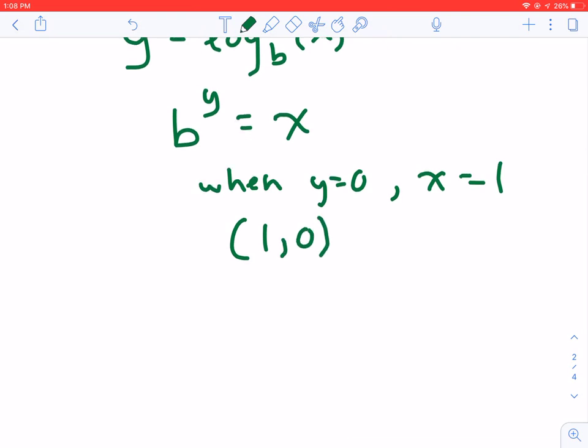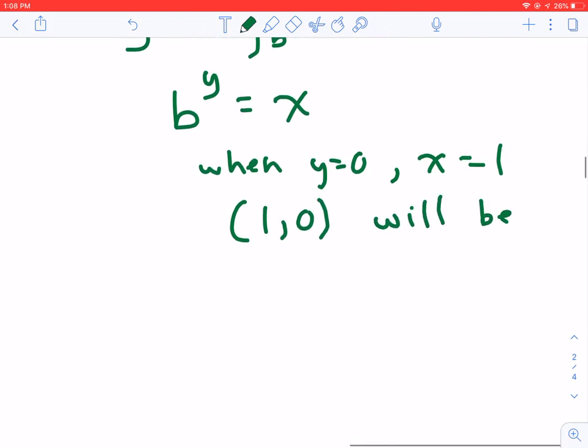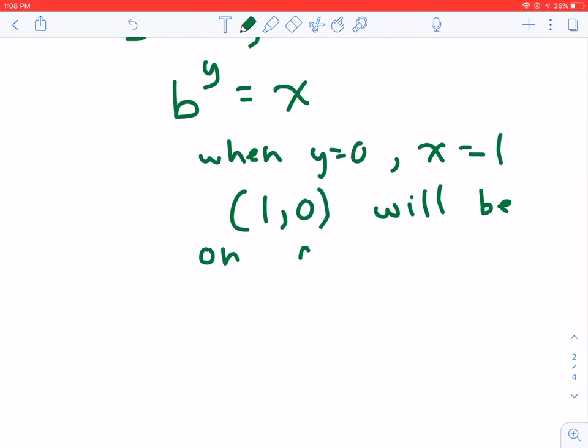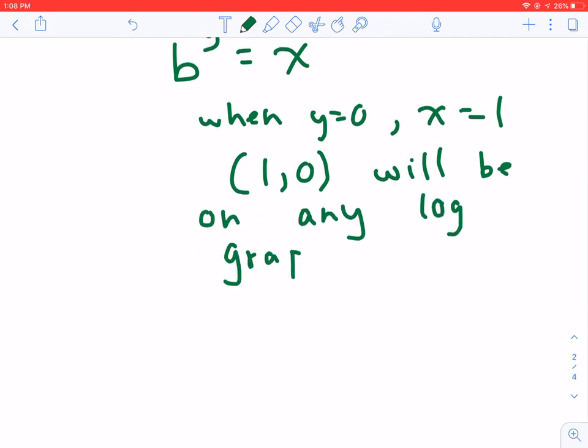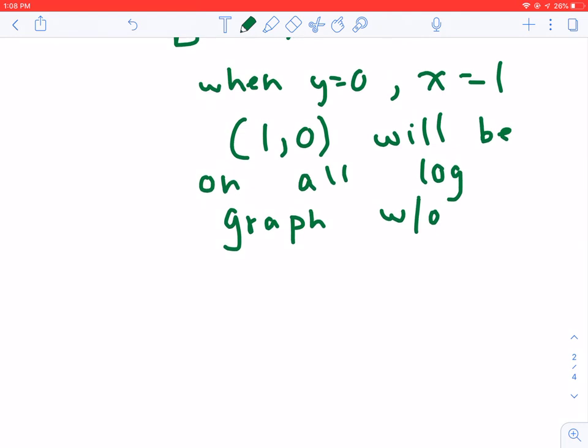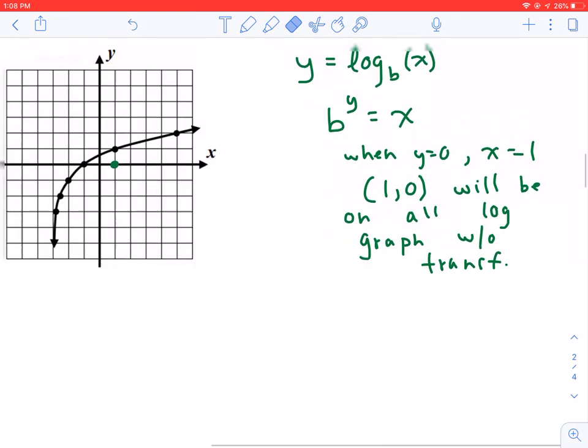So 1 comma 0 will be on any log graph, on all log graphs, right? Without transformations. So that's kind of the point I use to orient myself for a log function. All right, I know without transformations, it's going to pass through the point 1 comma 0.